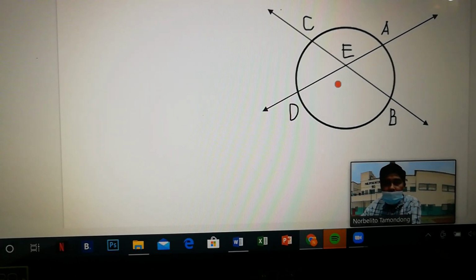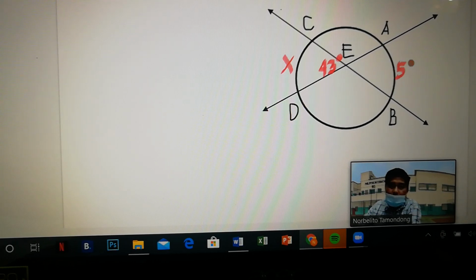Let's see, our arc CD is equal to x, while our angle formed is equal to, let's say, 43 degrees. And the intercepted arc of the vertical angle is, let's say, 51 degrees.